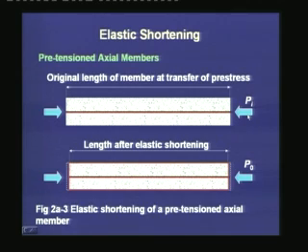When the prestressing force is transferred, the concrete member has an original length. Now, during the process of transferring, this axial member comes to an equilibrium with a reduced length after elastic shortening, and the prestressing force also drops from the initial value to a value P0.